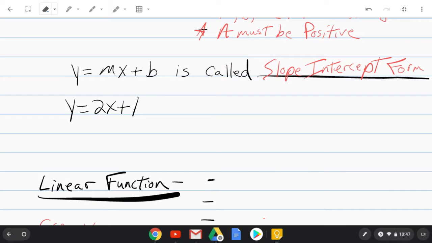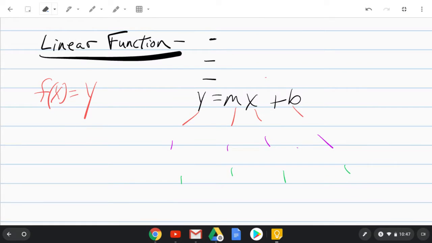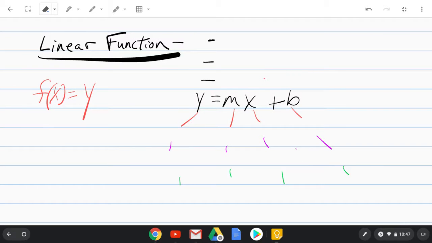So let's look at our slope-intercept form, or talk about our linear functions just a little bit more. Again, what do we know about linear functions? How do we know something's a linear function? It has a straight line. What else?